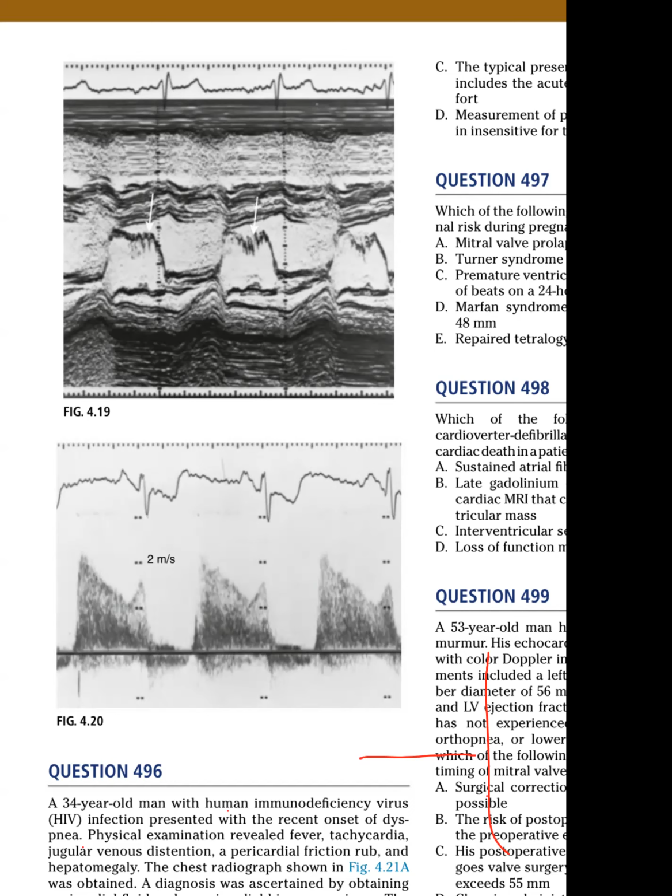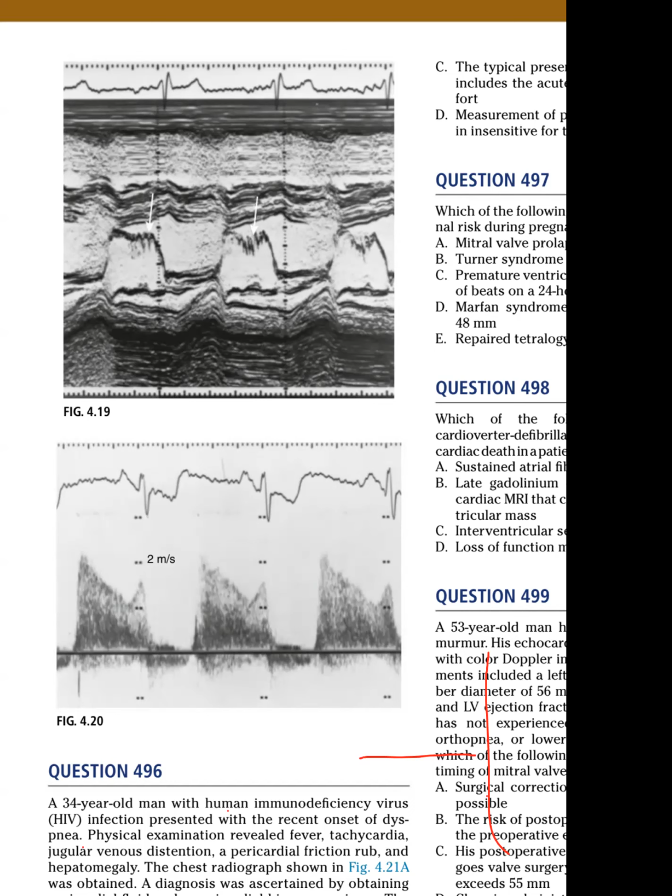When it opens, between the E and the A, you see that vibratory movement of the valve leaflet. So this is actually the phenomenon of Austin Flint murmur seen in M mode.